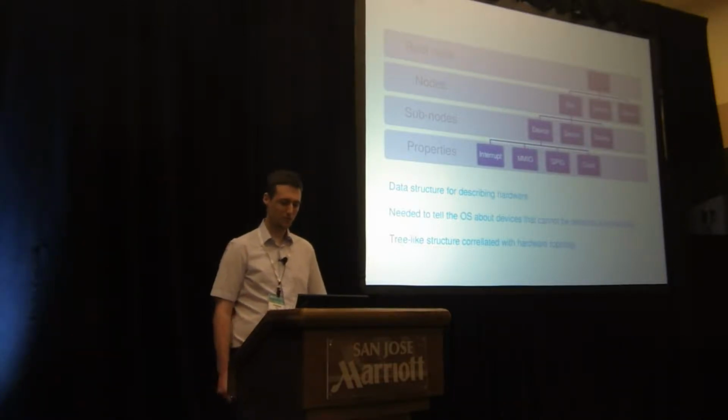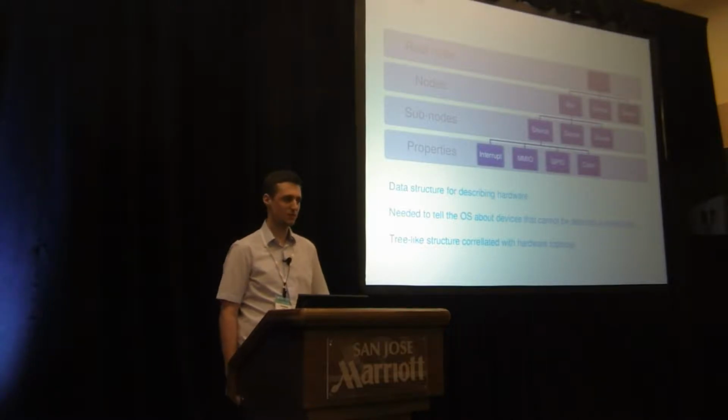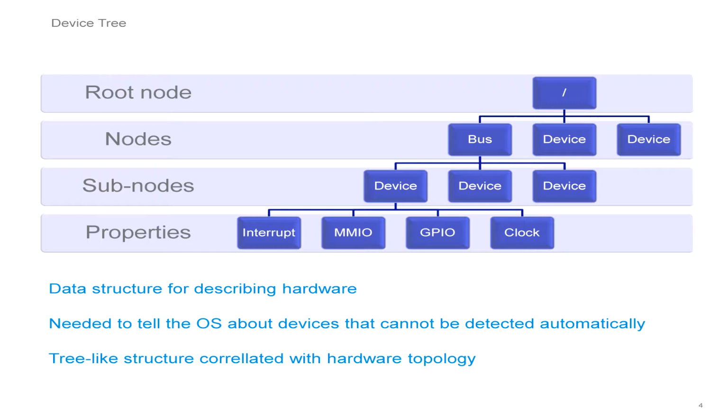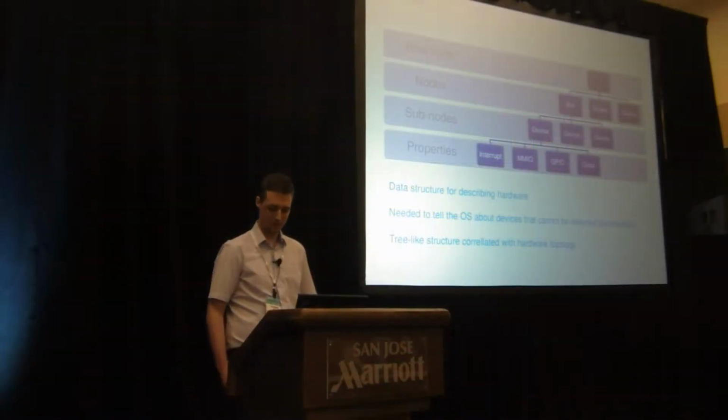And so device tree is one example of such a data structure. As you can see in the picture I prepared, device tree has a tree-like structure that represents more or less the topology of devices in the system.